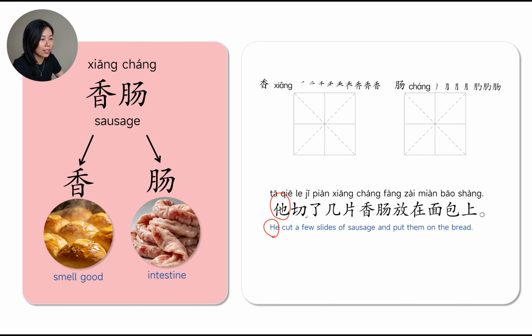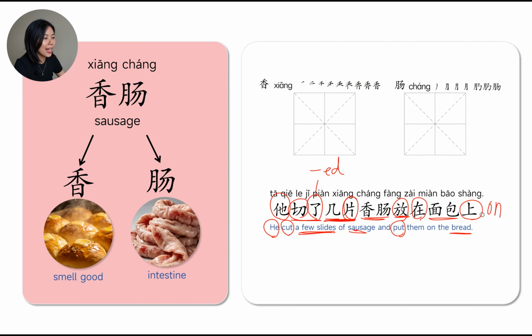他 he, 切 cut. 了 is the past tense, like the -ed in English. So 他切了 he cut. 几片 a few slices. The 片 could mean slice or piece, and the 几 is a few or several. So 几片 a few slices. 香肠 sausage. 放 put. 在 is in, on, at. 面包 bread. 上 is on.